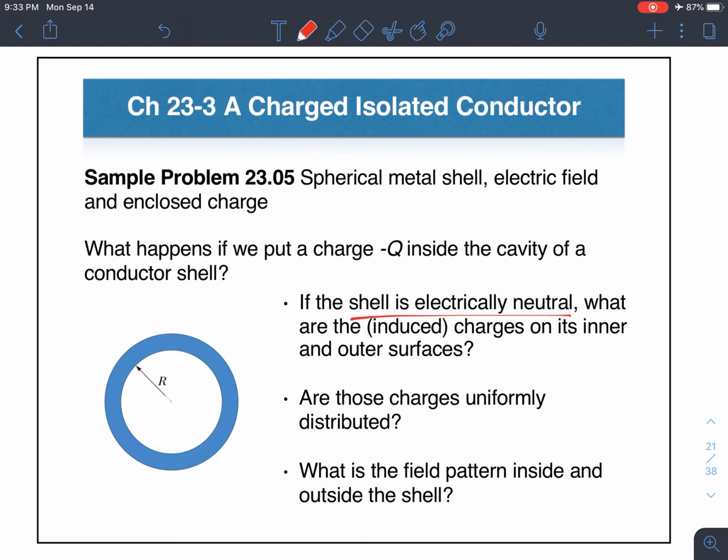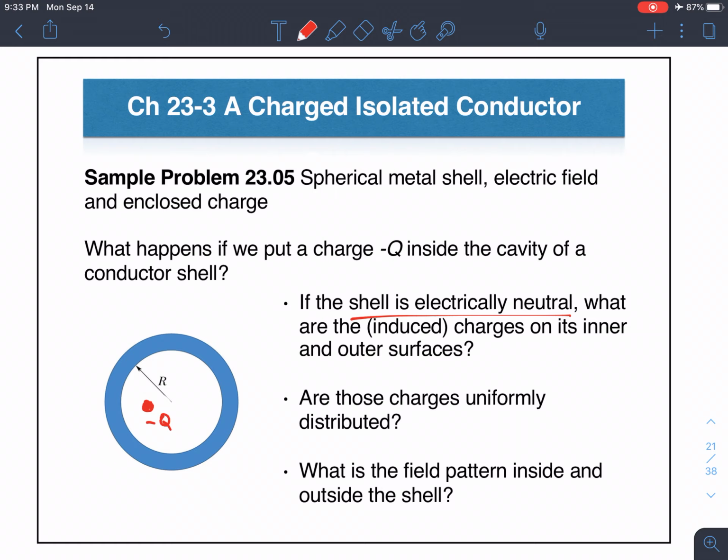What are the induced charges on its inner and outer surface? So we are putting a negative charge. You're not going to put it right at the center. It's going to be off-centered, somewhere here maybe. Okay, that's the negative Q. And then what are the induced charges on the inner and outer surfaces of that shell?